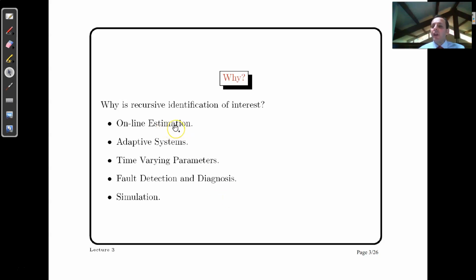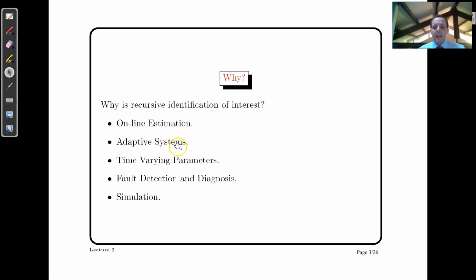So you need an online estimation because you need to continuously monitor your data and then perhaps take some decisions.